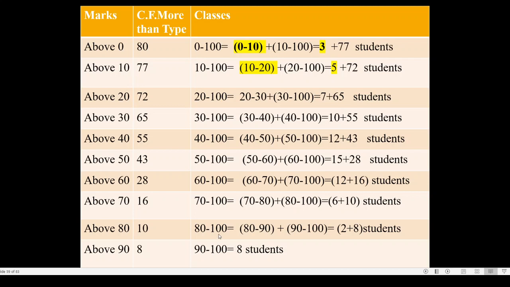Then the next class, above 80, means 80 to 100. We split this class into 80 to 90 plus 90 to 100. The frequency for class 90 to 100 is 8, and if we subtract 8 from 10 we get 2. This is our value for class 80 to 90. Similarly we can find the value of f for all classes.